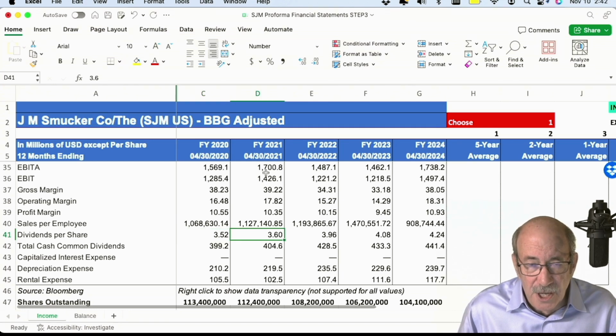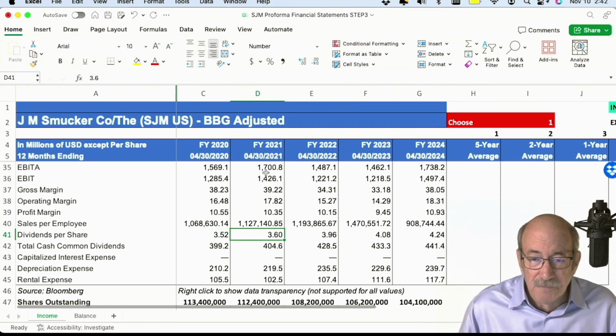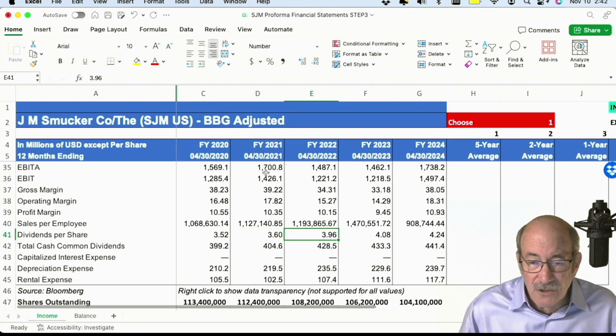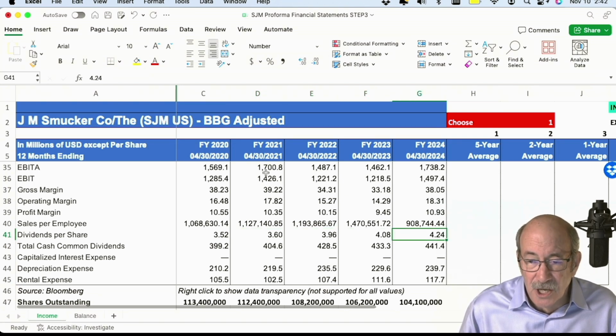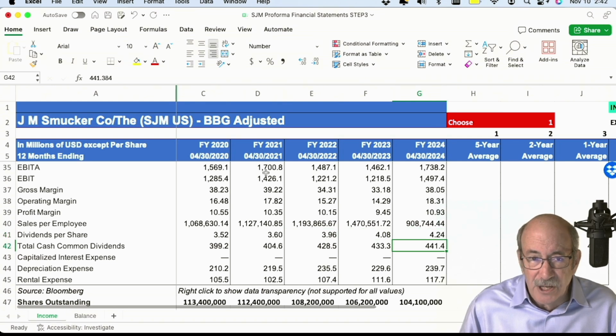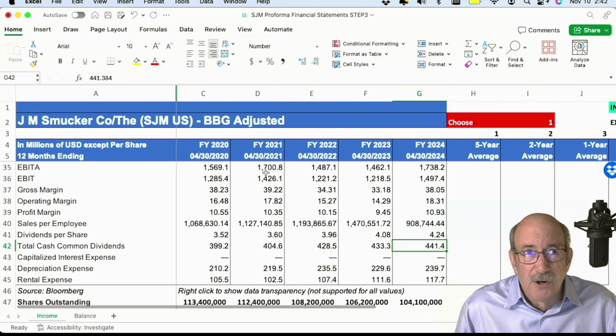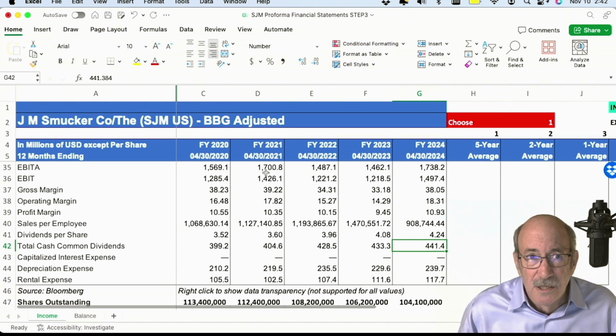The next year they grew it by 8 cents, so it's 360. The next year they grew it by 36 cents, so 396, and so on down the line. To get this figure, it's simply the number of shares outstanding times the dividend per share.